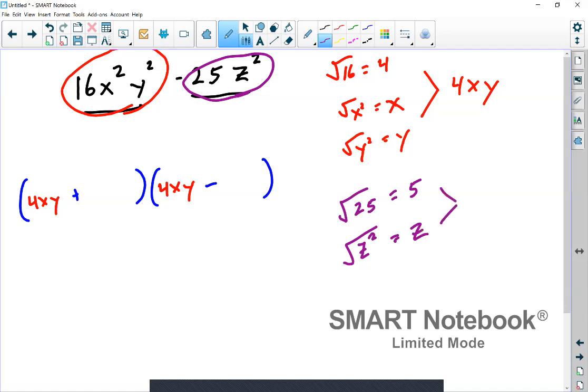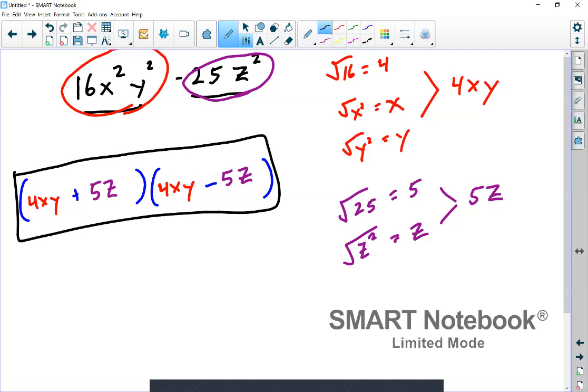So we have 5z. So the answer is 4xy plus 5z times 4xy minus 5z. And that's our answer. Please ask any questions you have about this. Otherwise, pause the video, look at it, and that is factoring using the difference of two squares, also known as dots.